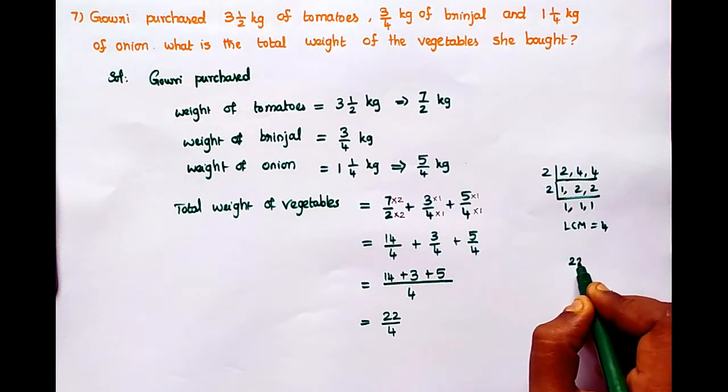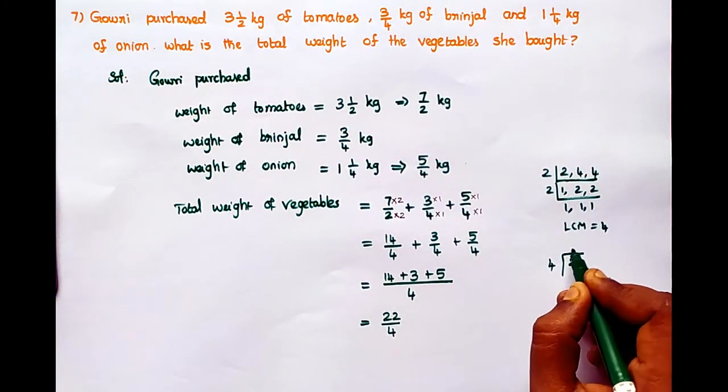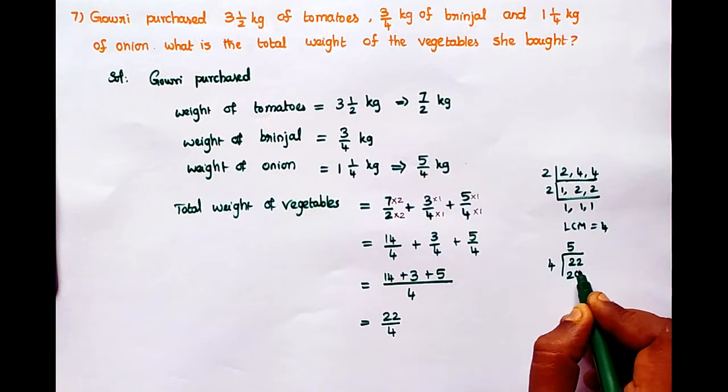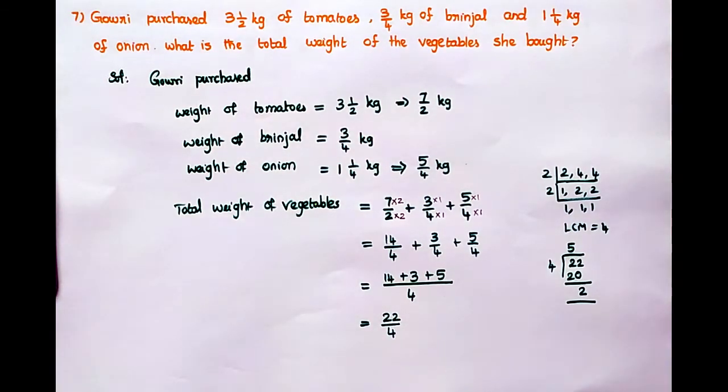Now 22 divided by 4, 5 4s are 20, balance 2. So how will you write that? Quotient 5, remainder 2 by divisor 4.